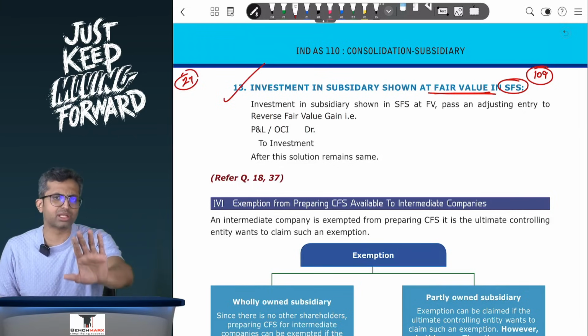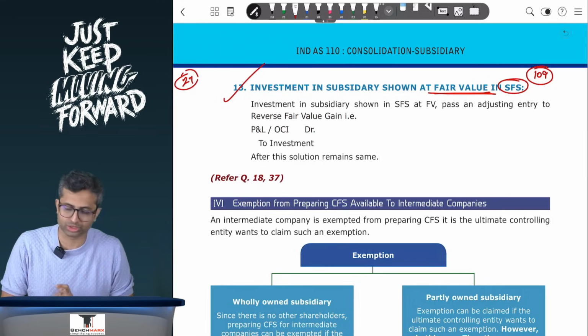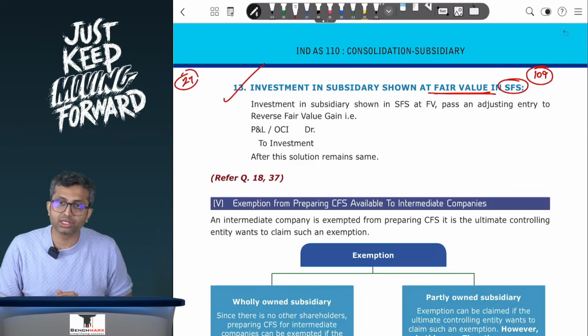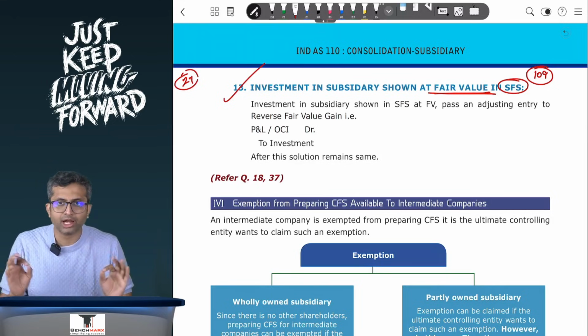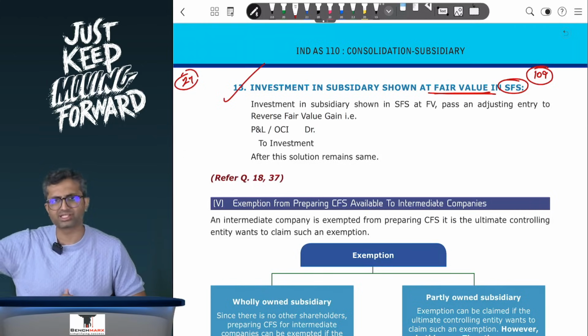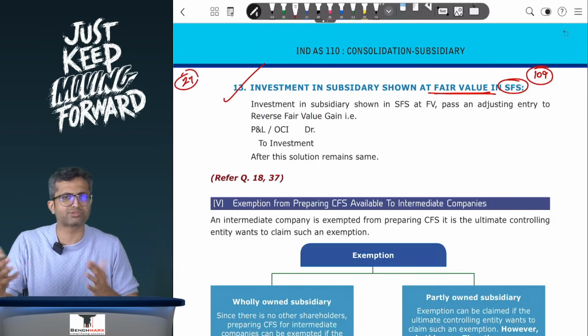All the sums that are there in the material, almost all of them have an assumption that investments are going to be shown at cost only in the SFS, which means that amount is the same as the purchase consideration. So maybe you have paid 100 rupees to acquire a 70% stake. Your investment will continue to appear at 100 rupees only in the SFS of P, for a 70% stake.